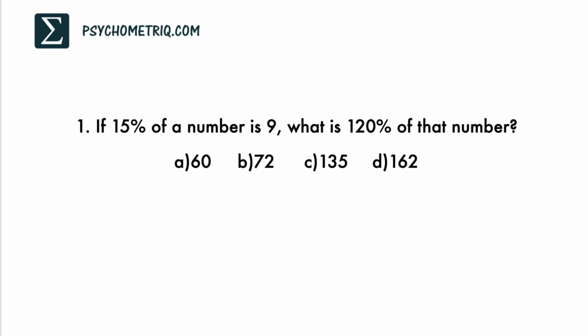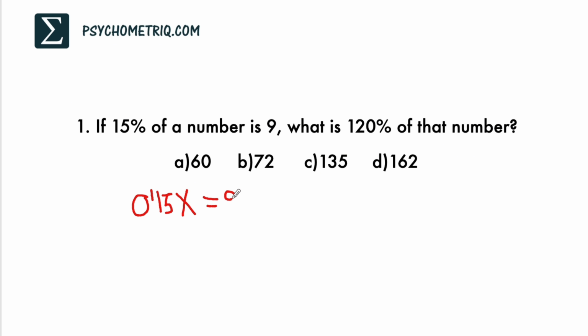Exercise 1. If 15% of a number is 9, what is 120% of that number? In this exercise, one would have to guess which number has 15% equal to 9. Then, once we have that number, we would need to see what number results if we apply 120% to it. That is, in formula terms, it would be 0.15 of x, where x is the number we want to guess, is equal to 9.